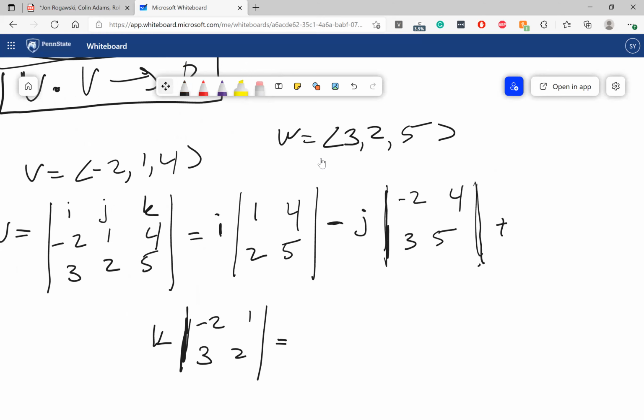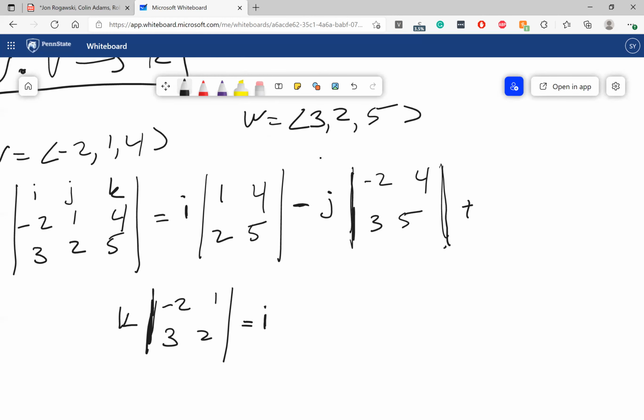And so this is going to be equal to I times 5 minus 8, minus J times the determinant of this matrix, which is negative 10 minus 12, so that's negative 22, plus K times negative 4 minus 3, which is negative 7.